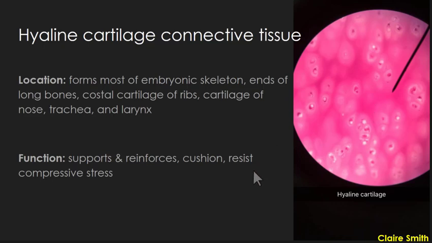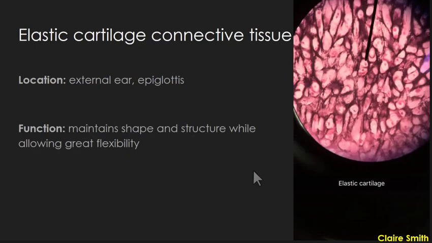Okay. We have elastic cartilage connective tissue. Again, we can see the chondrocytes here. This is found only in 2 places, your external ear. So if you get your ear pierced, it's pierced through elastic cartilage, and the epiglottis. So the function of this is basically just to be super flexible, but still maintain some sort of shape.